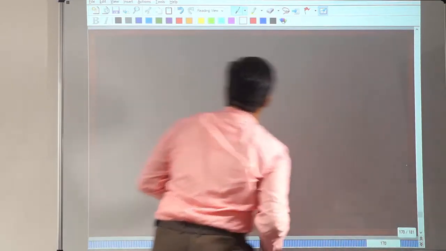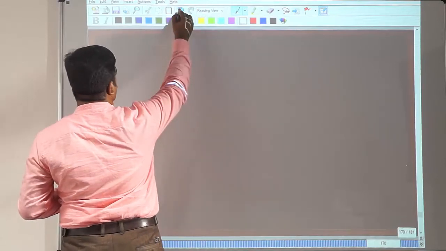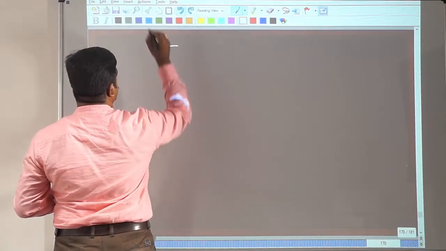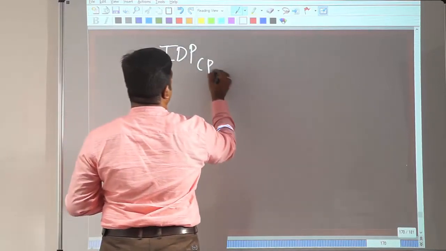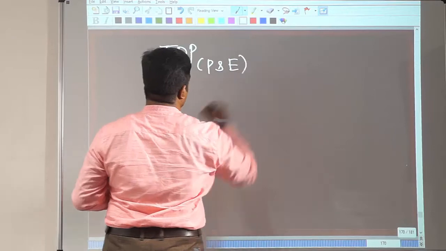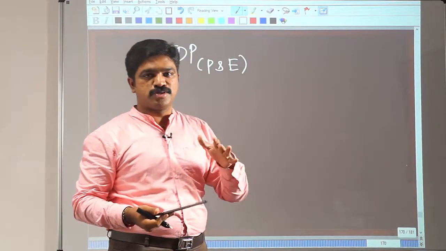We can find the indifference point between preference and equity. I'm not going to show the calculation here, please try this on your own.